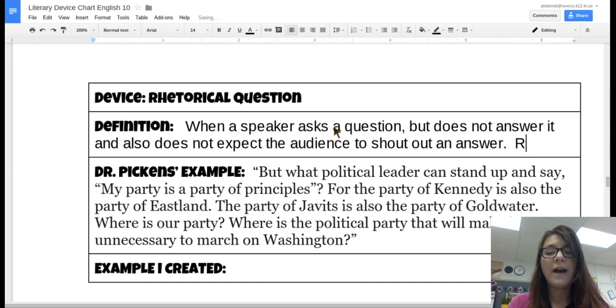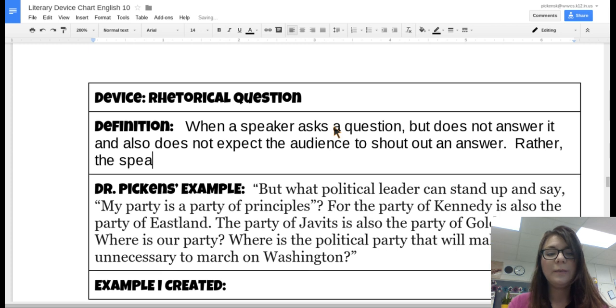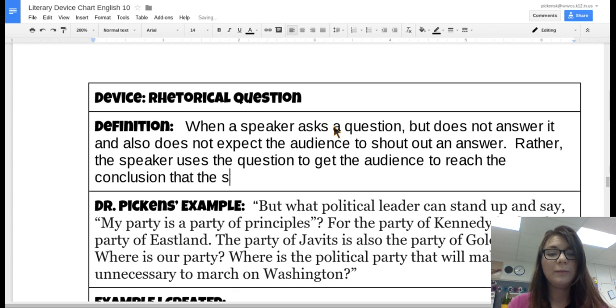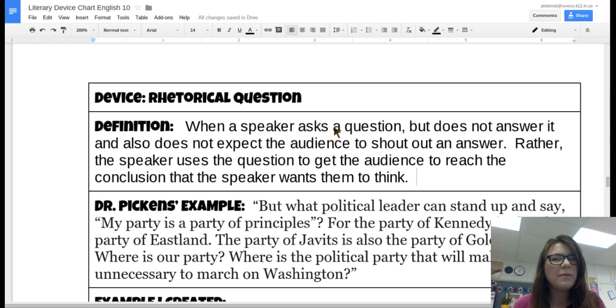Rather, the speaker uses the question to get the audience to reach the conclusion that the speaker wants them to think. Okay, it's a little manipulative, but not in a really terrible way.